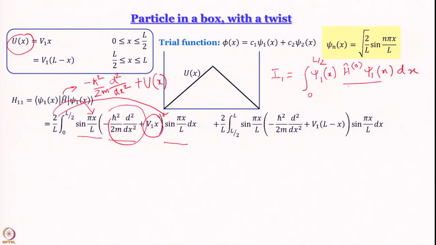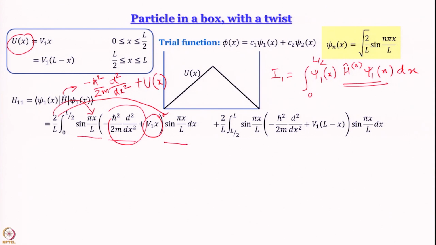Now, you already know what H0 operating on psi 1 of x is. That is basically the left hand side of the Schrodinger equation for n equal to 1. So, it will be E1 multiplied by psi 1, and for a particle in a box where potential energy is 0, what is E1? h square by 8 m, is not it?